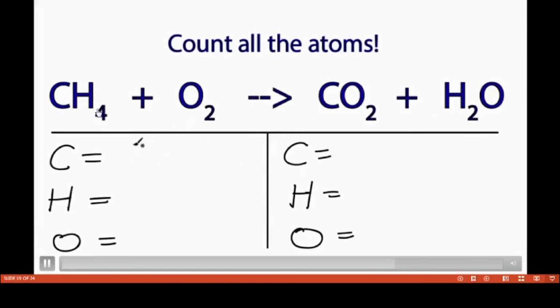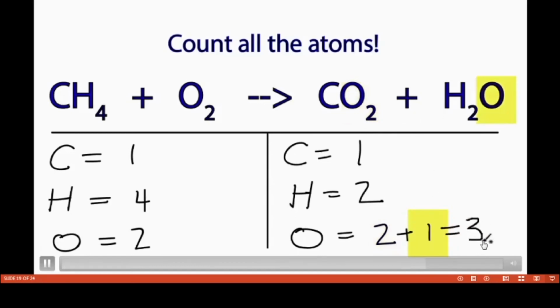Another example: here carbon only 1, hydrogen 4, oxygen 2; and on the other side carbon 1, hydrogen 2, oxygen 2 plus 1, totally 3. So carbon is balanced, but hydrogen and oxygen are not balanced.